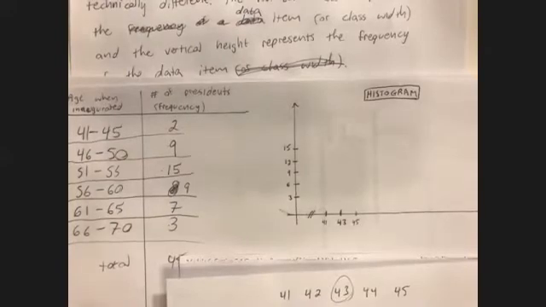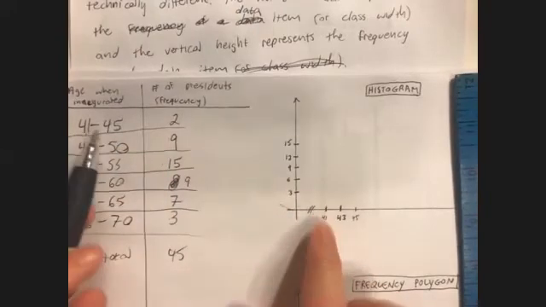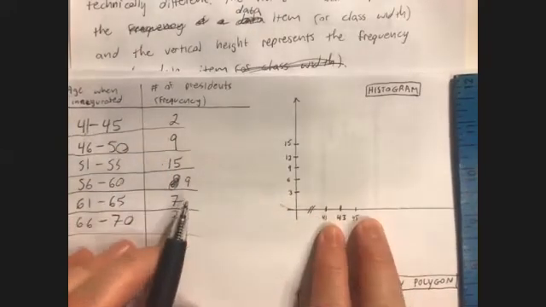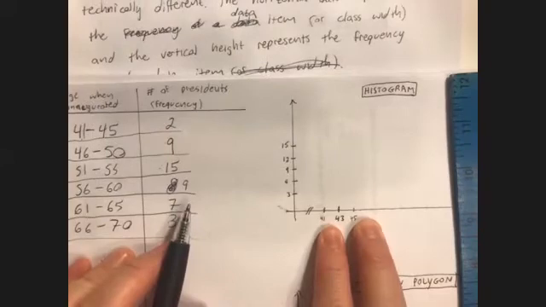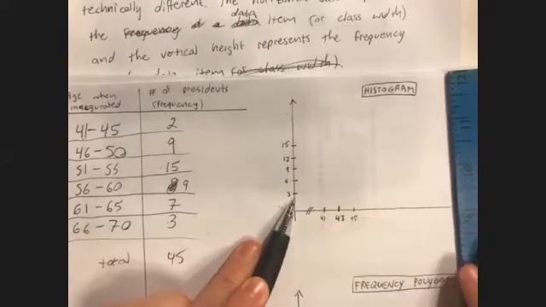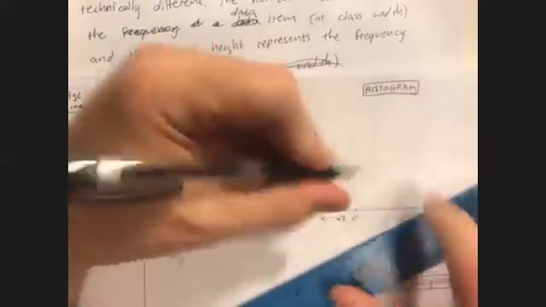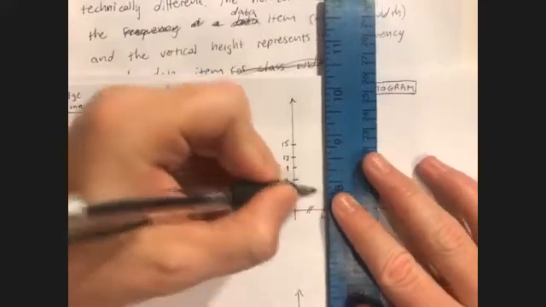All right, so between 41 to 45, which I'm going to create a rectangle for you in a second, it is only 2. So it's going to be about here. Okay, this will not be exact. I thought, oh, that's even too high, that was about 3.